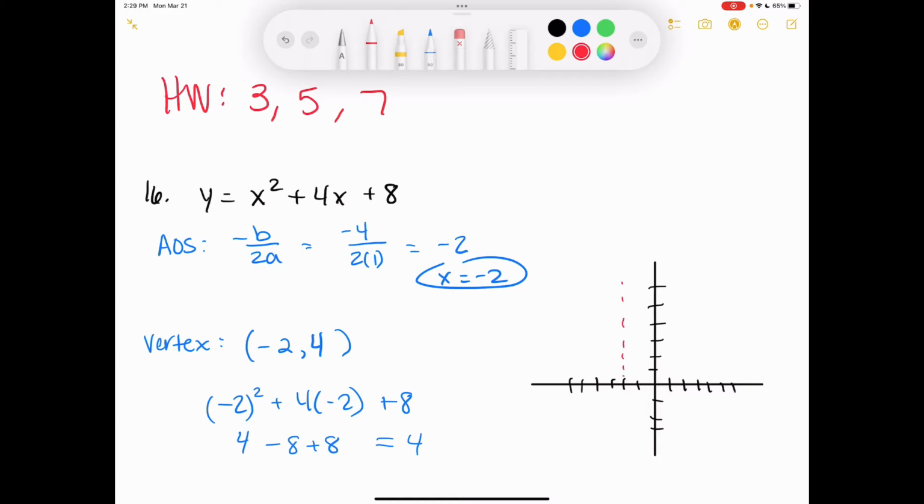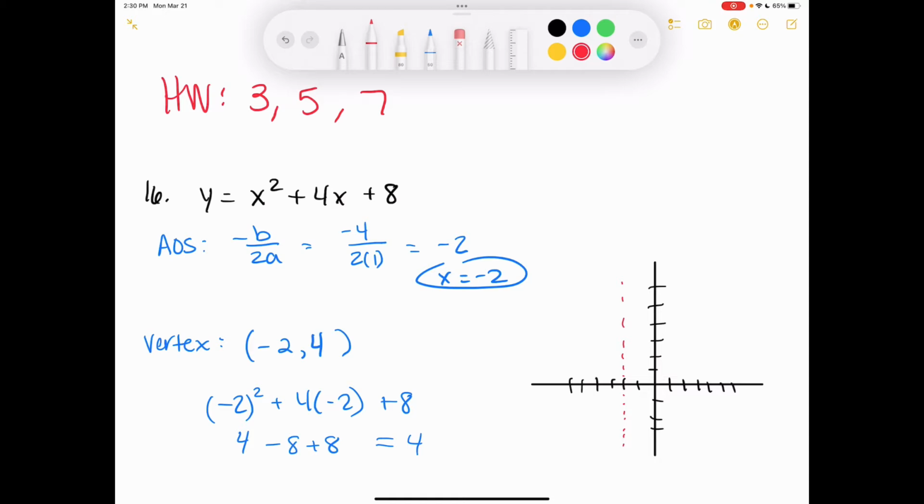So it's going to fall on here, and I want you to draw it, because you'll see why in a second. You're going to draw an up and down line wherever your axis of symmetry occurs. It's just a dotted line because it's not actually there. It's just an imaginary pivot point for your parabola.